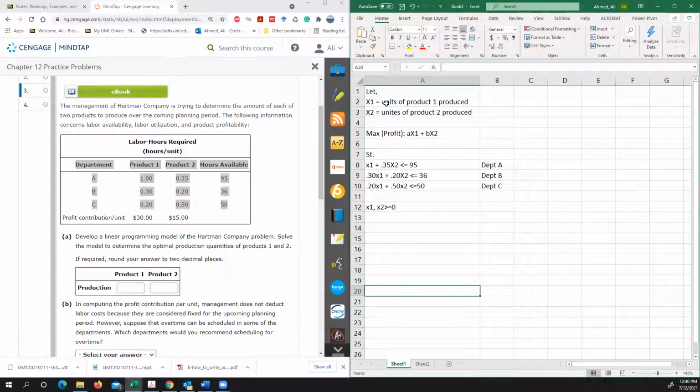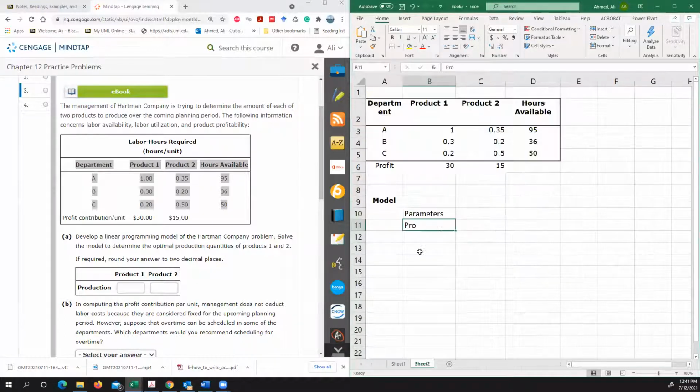This is in our control, and we can change these. We cannot change what department can produce, what their hours required are, what the total hours are, or what the total profit is. We can only change these two values. So we should put them in our model.